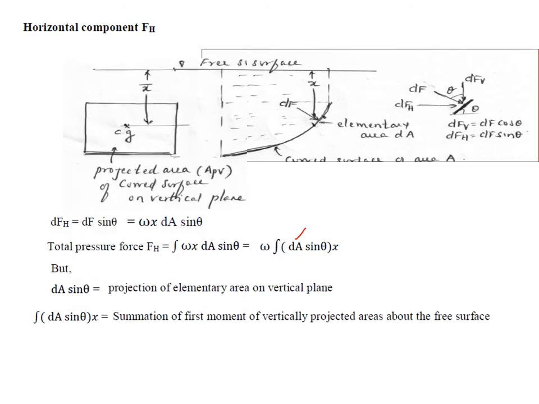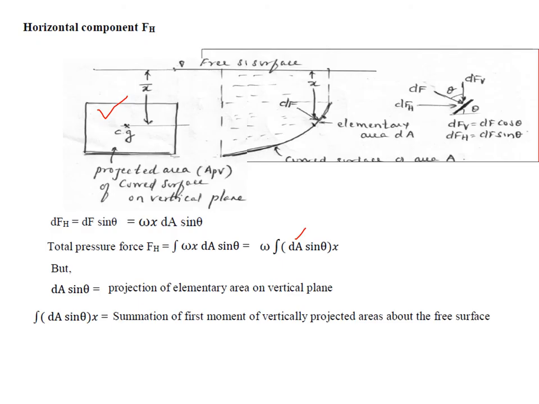Here each of the areas is projected so that we get the vertical projection. This entire curved surface is projected onto the vertical. This curved surface has some length perpendicular to the screen. So when I project it, we get this depth into the length perpendicular to the screen.